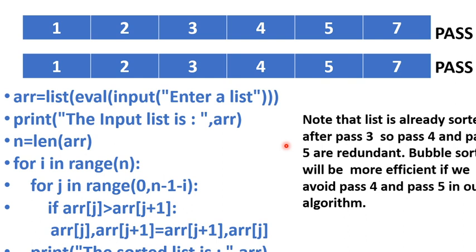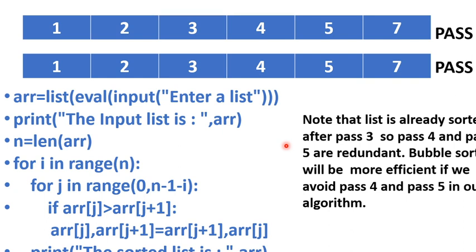Okay, in the second case, when the value of i will be 1 and the value of j will be n minus 1 minus i, n minus 1 is 5, 5 minus 1 is 4. So here you will see that the j is running from 0 to 4, not 0 to 5.